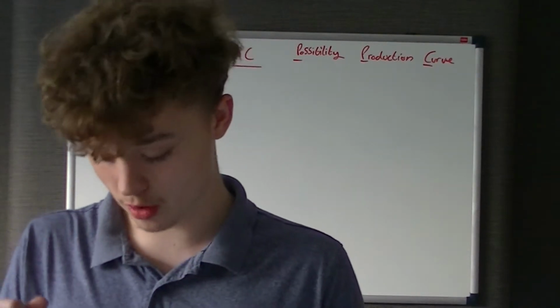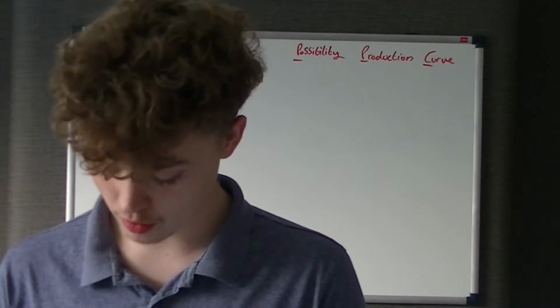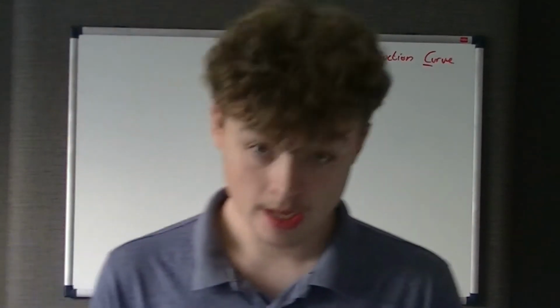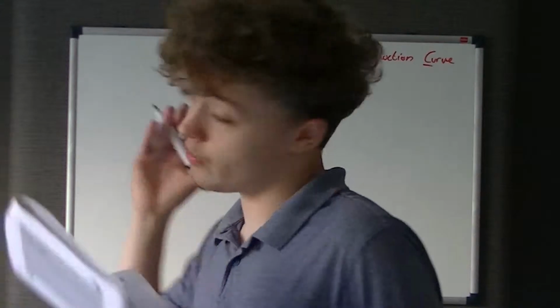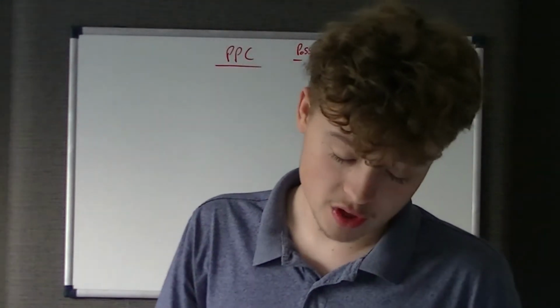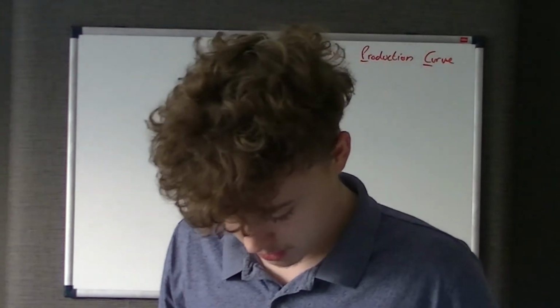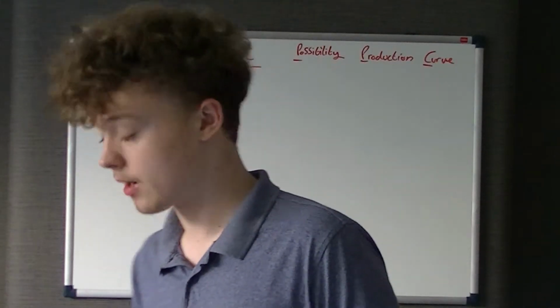Now I'm just going to show you. It's sort of more to do with F582, but this is going to be a very short video. All I'm going to do in this video, I'm assuming you know what PPC is, because we've watched the first video, which was on this booklet of the basic economic problem, so economic growth.